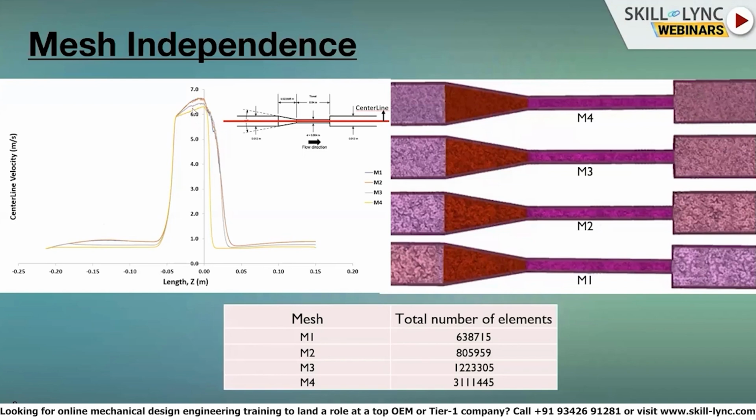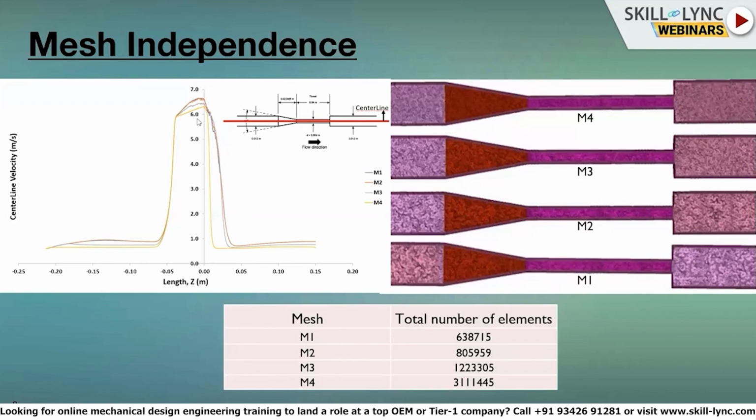One thing you can observe here is that for all four meshes, you are not seeing a consistent velocity pattern. You see the difference here, here, and here. For each mesh, we are getting a different velocity profile along the center line.